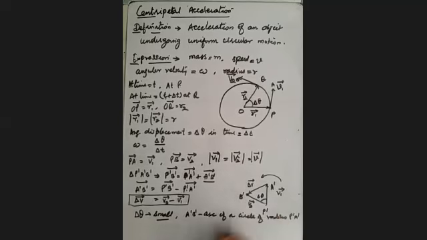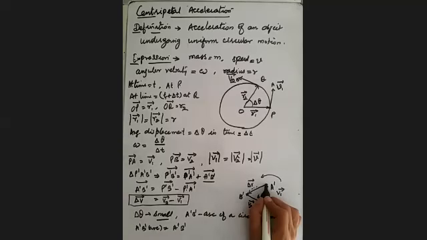Because this angle is small, because delta theta is small, we can consider that the arc A'B' is equal to the length A'B'. So because this is small, we can consider this arc equal to this line A'B'.